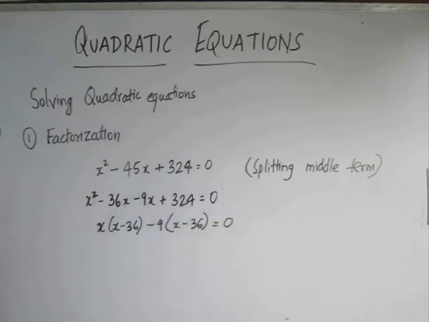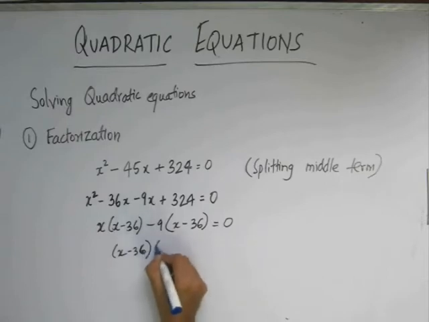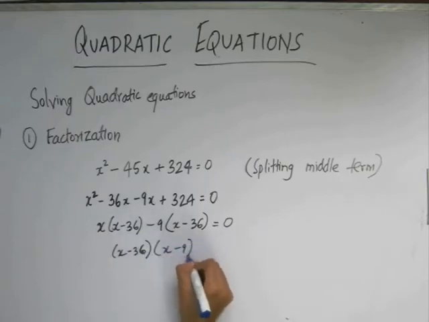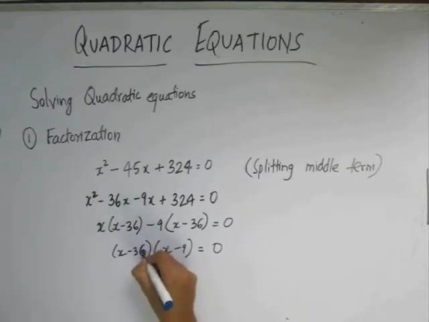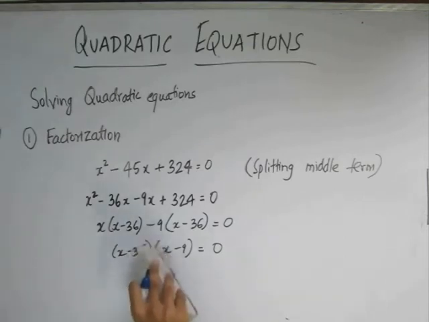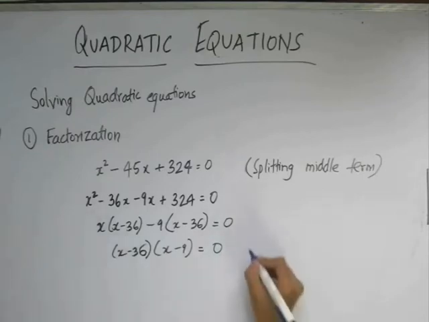This is because 324 is 9 multiplied by 36, and from your earlier classes you know that this is equivalent to x minus 36 into x minus 9, and now this product of two terms has to be equal to 0. Now this is a set of two terms which when multiplied together give the product of 0. So it means that for the solution to exist, either x has to be equal to 36 or x has to be equal to 9.